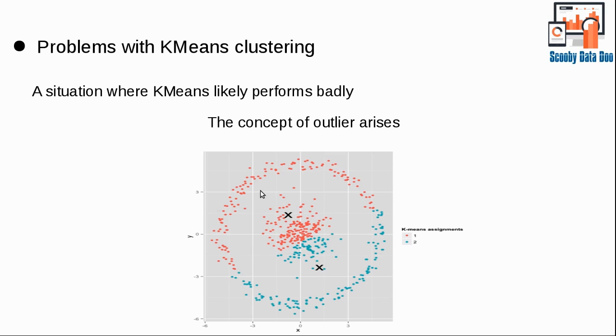From this centroid to this point, this point, this point, they are really far. Just consider this point, the red point here. This is really far from the actual centroid of the cluster. So this is actually harming the health of the cluster.